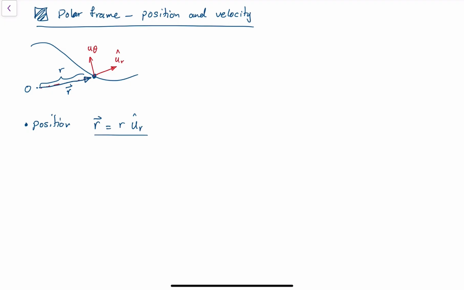And that is the position. However much distance from the origin toward the location of the particle, that is your position vector.